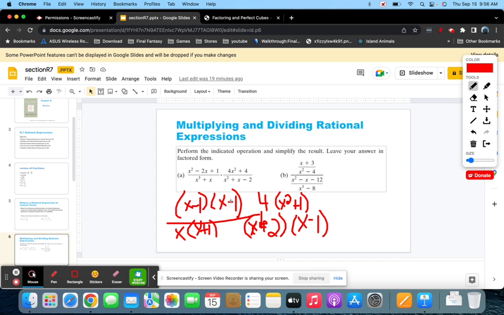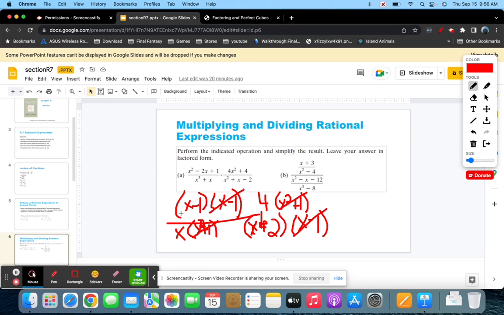All right, now you can see in the numerator I have x minus 1. I can cancel that one out with this. Oh, I didn't notice this over here. That's an x cubed. So that's actually an x squared plus 1 right there if you pull out an x, and that cancels out with this x squared plus 1. I was wondering what was happening because I didn't notice that in the very beginning.